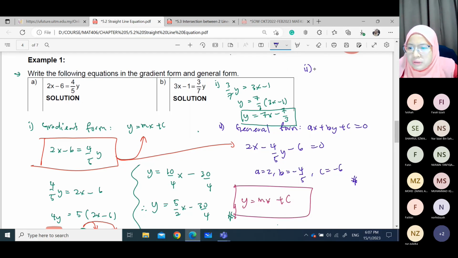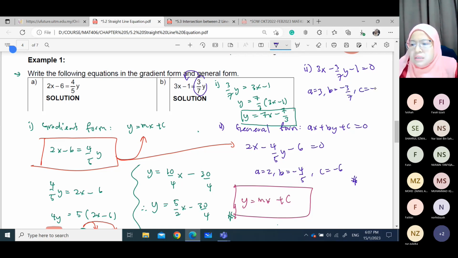So here we have 3x, ax plus by. So yang ini you boleh bawa ke sebelah. Dia akan jadi negative 3/7y minus 1 equal to 0. Okay, so where our a is 3, our b is a negative 3/7 and c is negative 1. Okay, in the gradient form and general form.